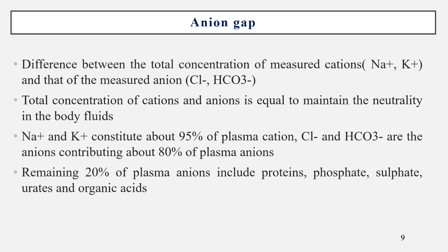Sodium and potassium constitute about 95% of plasma cations, and chloride and bicarbonate about 80% of plasma anions. The remaining 20% of plasma anions include proteins, phosphate, sulfate, urates and organic acids.